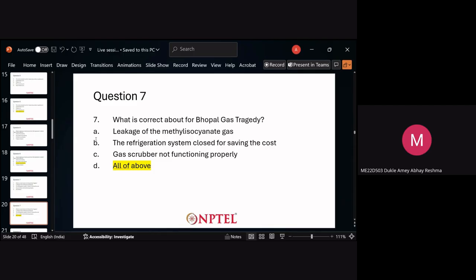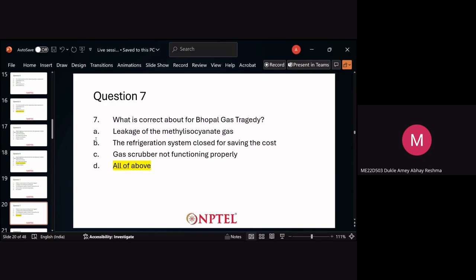The main impact was that methyl isocyanate gas was leaked, and that caused deaths. But why it happened is because they had closed the refrigeration system to save cost, and also the gas scrubber, which is used to remove the poisonous items from the exhaust gases, was not functioning properly.